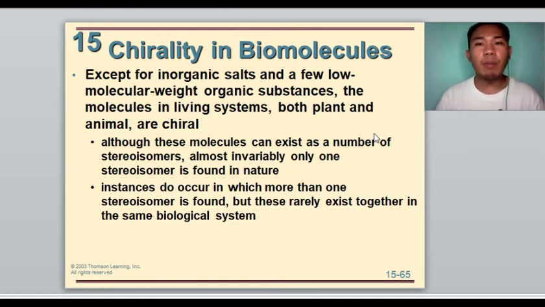Although these molecules can exist as a number of stereoisomers, almost invariably only one stereoisomer is found in nature. Of course, instances do occur in which more than one stereoisomer is found, but these isomers rarely exist together in the same biological system.